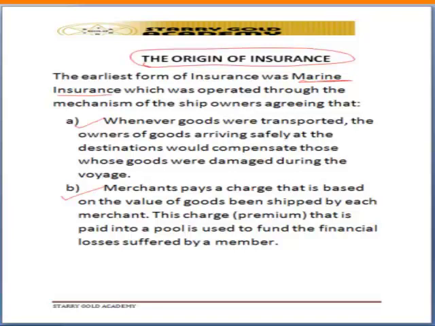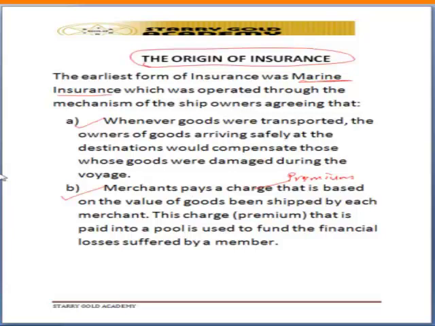This charge could be seen to be the premium. They pay a particular fee or a charge as a member of that group.